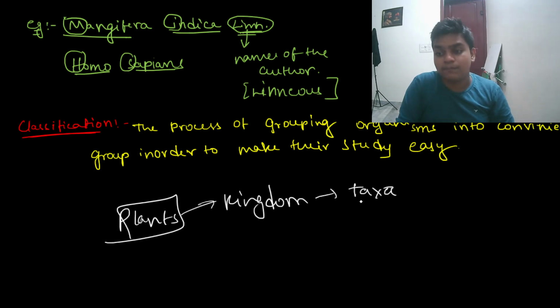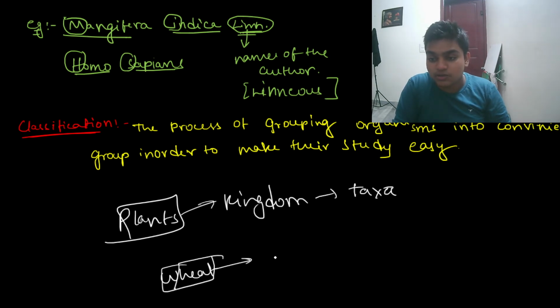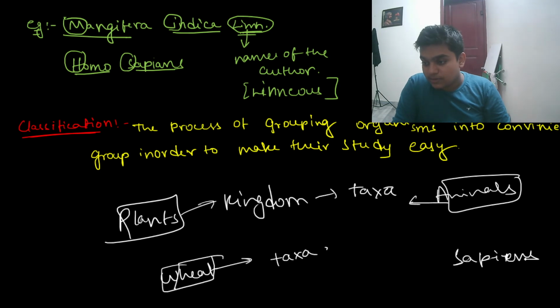Wheat is a basic group, and this is a taxa. And in animals, this is your kingdom, this is a taxa. Sapiens is a species. This is a taxa.